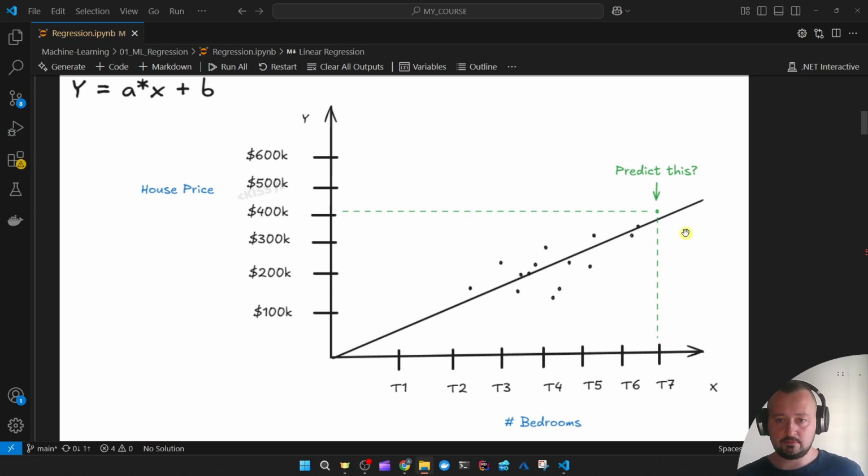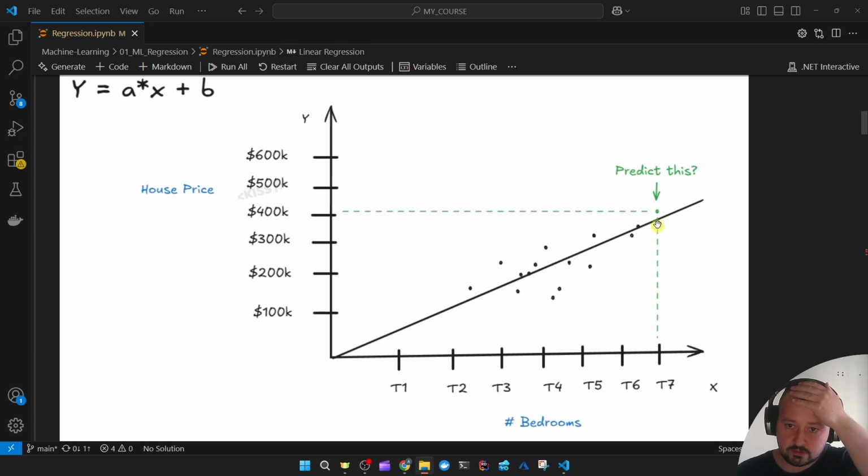The goal would be to be able to calculate the house price for a property with 7 bedrooms, as an example. Of course, there are more features. Could be the property size, the neighborhood, the season, all kinds of features can have an impact on that, but this is just simplified.